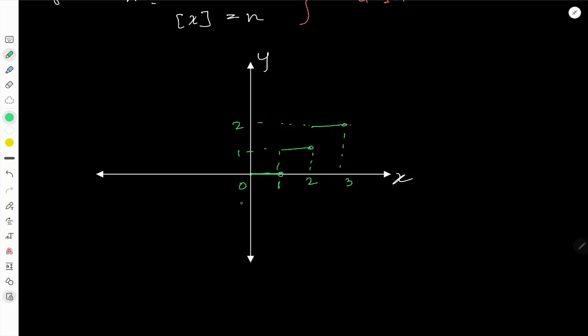And if you see on the negative side, here the function goes something like this, this is -1, then it would bounce off over here. These are hollow circles. Let me draw the circle correctly.